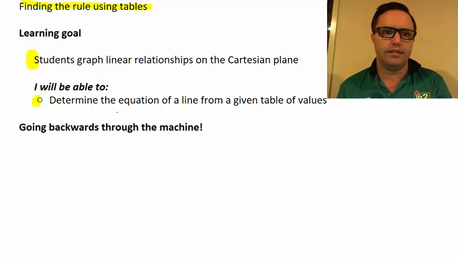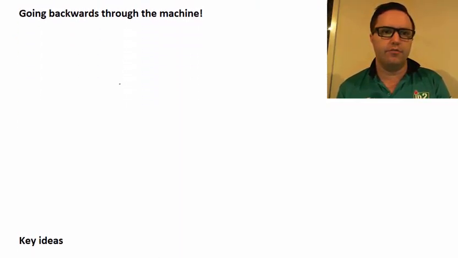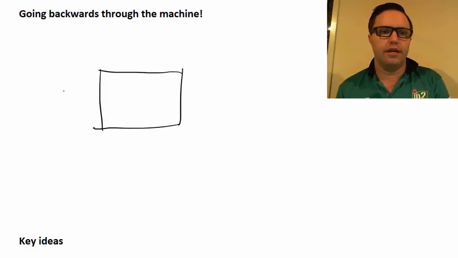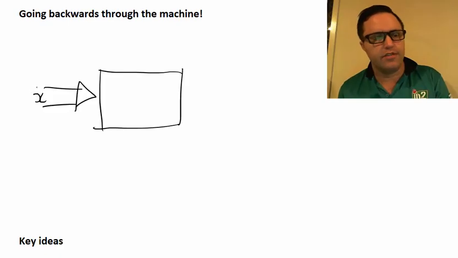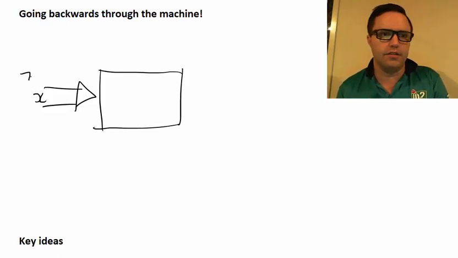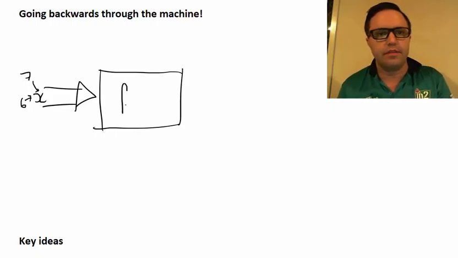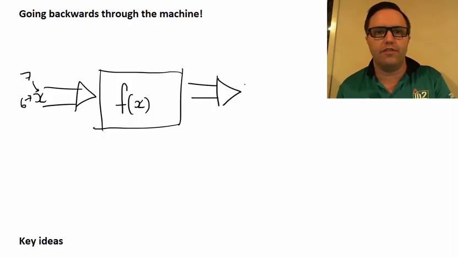Okay, in our last video you would have seen the idea of a function being a sort of mathematical machine where we shove x values in here that we know about, you know, 7s and 6s and whatever. They're all going in, and this is some function of x, and we'd get out a whole bunch of y values.